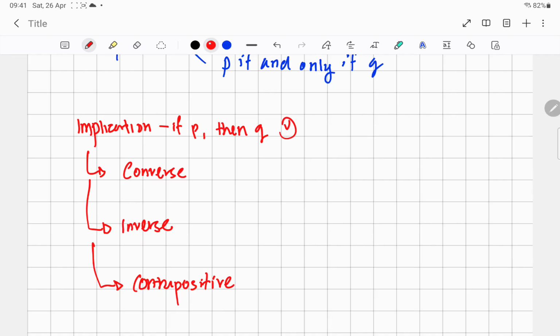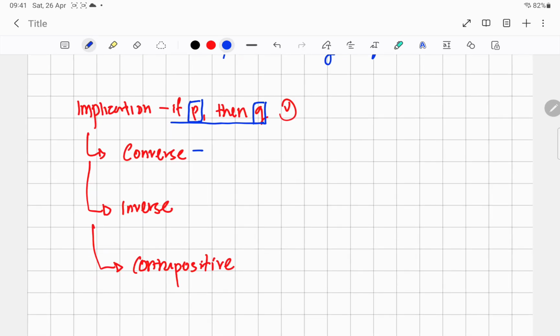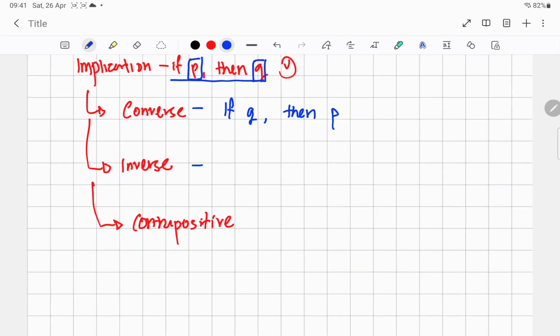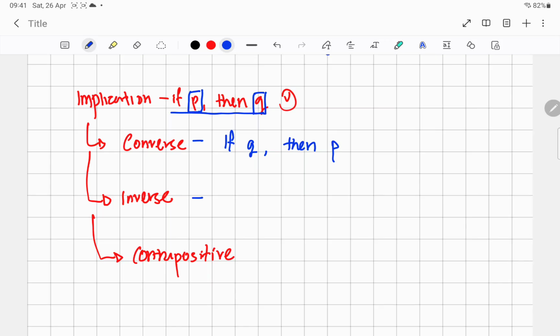So if your implication is if P then Q, your converse means you will reverse it, you will exchange the position of P and Q. So the converse is if Q then P. The inverse is when you negate the statement given.